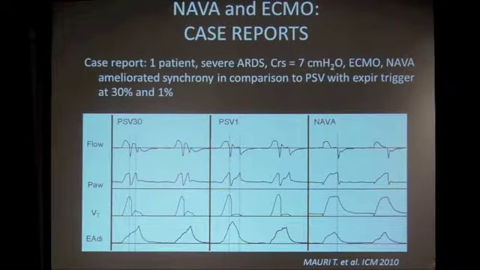So once again, in this particular category of patients with very low compliance, like the very severe ARDS patients are, NAVA would allow an earlier application of spontaneous breathing when compared to pressure support.